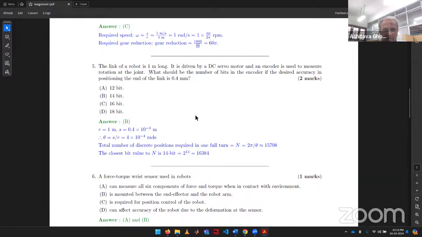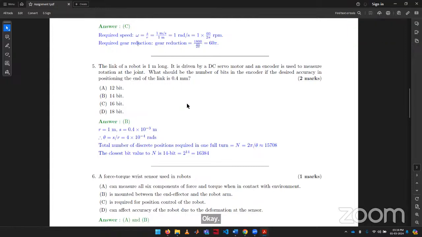Everybody understood, no? How we could obtain the gear reduction. It's very simple. It is basic undergraduate mechanics, that V equals omega R. Okay, so you can go to the next one.